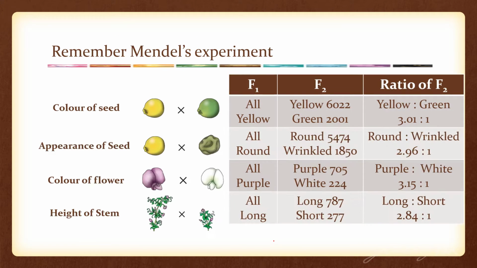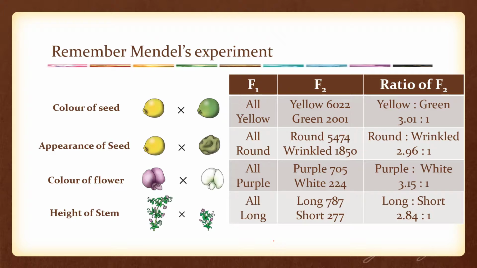And remember Mendel experiment? If we take a look at the ratio of the color of the seed as well as the appearance of the seed, you will notice that the ratio is 3.01:1 and 2.96:1 respectively.